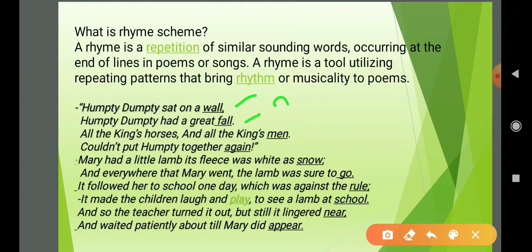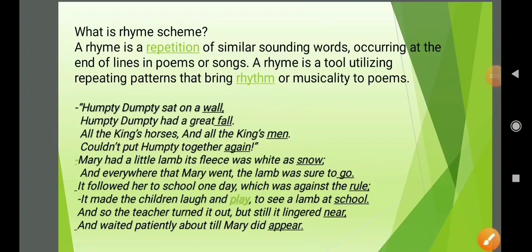You can write it A, same repetition, same rhythm. Next, third line, all the king's horses and all the king's men, you can write B, and couldn't put Humpty Dumpty together again, you can write it B. Here the rhythm of the poem becomes A, A, B, B.